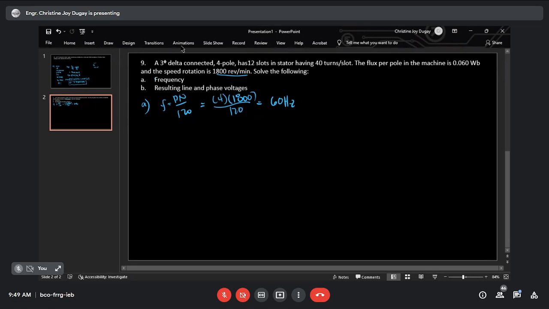And letter B, resulting line voltages natin, VL. Pero bago natin makuha si VL, we have to solve for V phase, di ba? So si V phase, anong pwede nating i-utilize dito na formula to solve for the value of V phase?